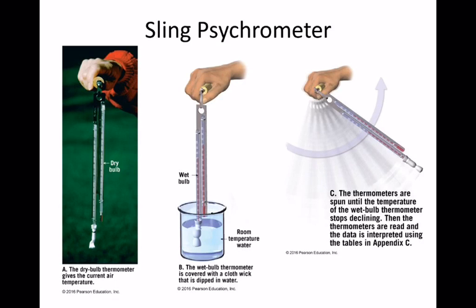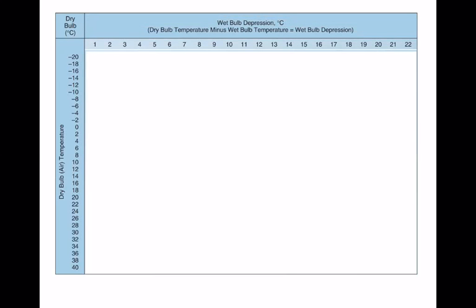All right. So now, in order to interpret that, you need a table. And actually, the back of your textbook, I think, has these tables that I'm going to show you. They look like this, not exactly like this. So the way these tables work is along the y-axis over here, we are going to find, what, 22? Okay. And then along the top, we're going to find what we call the depression, or the difference. So actually, along the top there, we need to find what, 4?